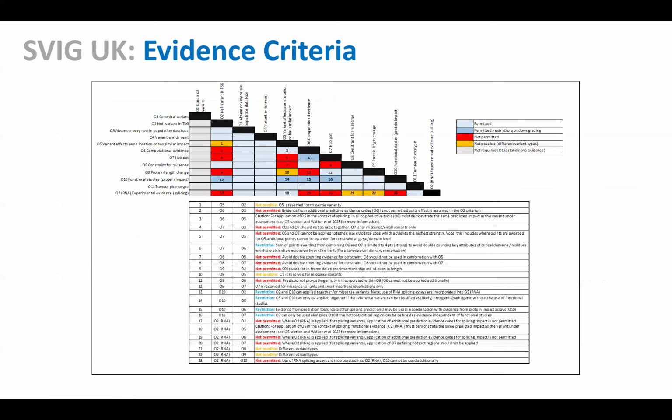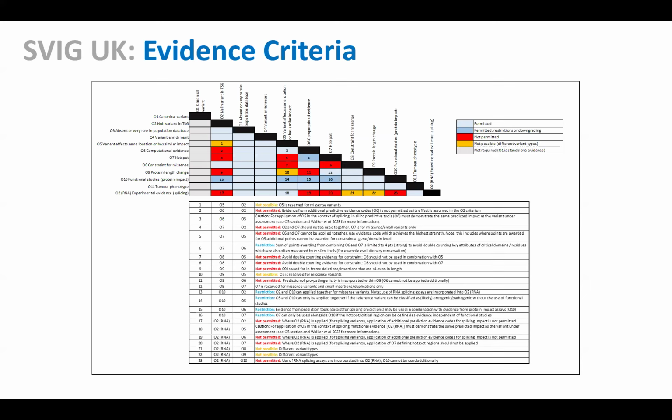There's also the table of allowed and disallowed combinations. This was initially done by our CanVIG group, and we always found this really helpful. We know that a lot of the data that we use in variant interpretation overlap between different criteria or different pieces of evidence, so it's really important to review the combinations.